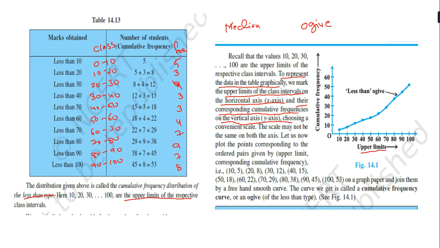When frequency is given, we have to find out the cumulative frequency. 5 plus 3 is 8, 8 plus 4 is 12, 12 plus 3 is 15, 15 plus 3 is 18, 18 plus 4 is 22. That way we have to find out the CF.